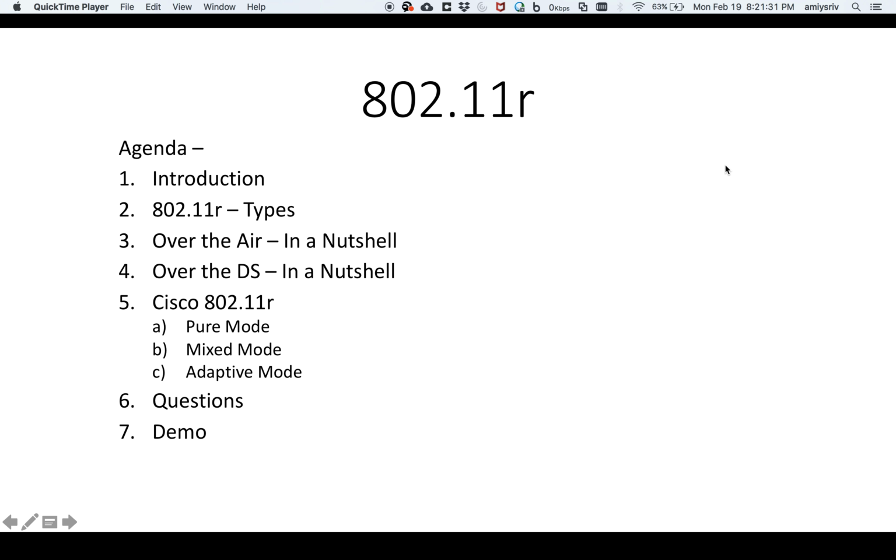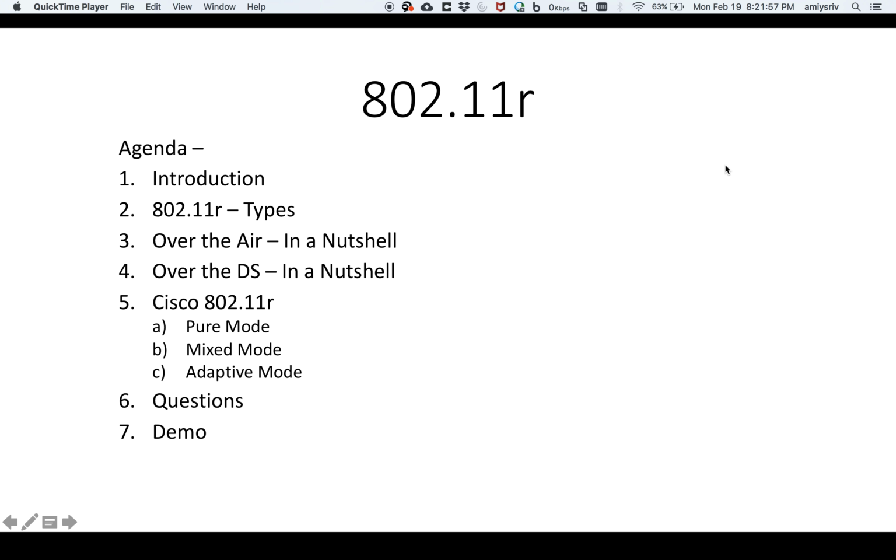The agenda for this video is going to be the introduction for what is 802.11r, what are the different types of .11r technology that are available. We are going to talk about over the air and over the DS in a nutshell. Then we are going to take a look at it on the Cisco side. What are the different modes of Cisco 802.11r deployment that are possible?